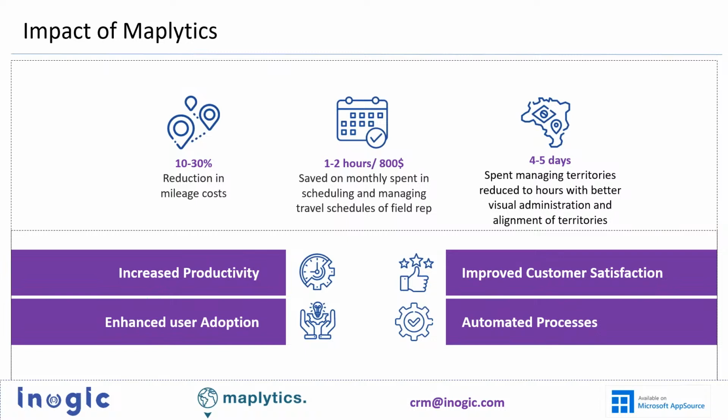Moreover, scheduling field trips used to be a tedious process, but with Maplytics, people are now able to save 1 to 2 hours daily, and that amounts to about $800 each month. Moreover, while managers used to spend 4 to 5 hours on managing territories, Maplytics has reduced it to just a few hours now, along with better visual administration as well as alignment of the territories. So basically, while you are planning the routines and processes, Maplytics helps you to make the most out of it.